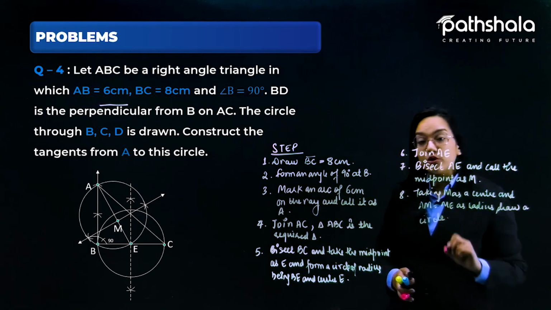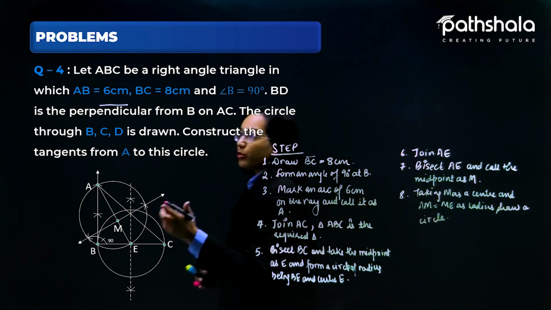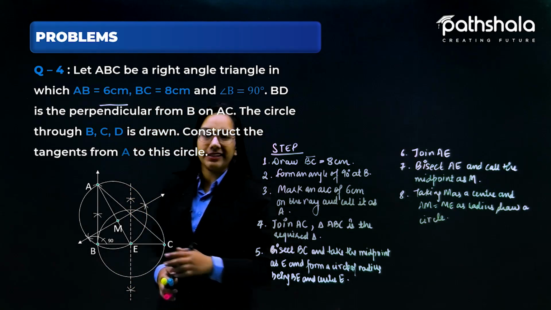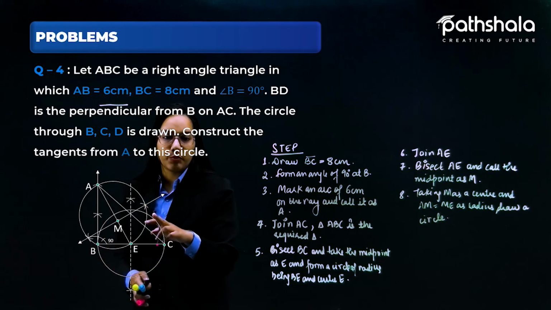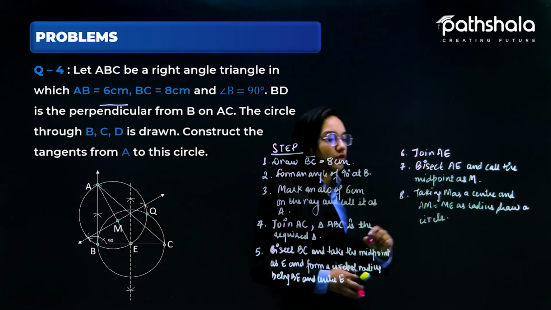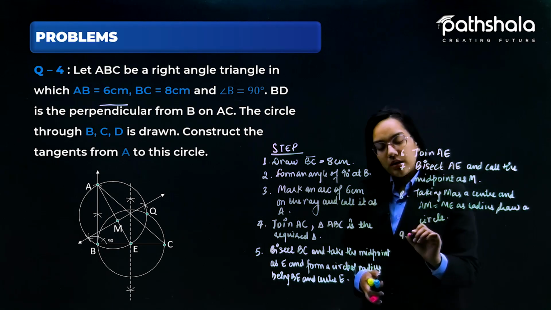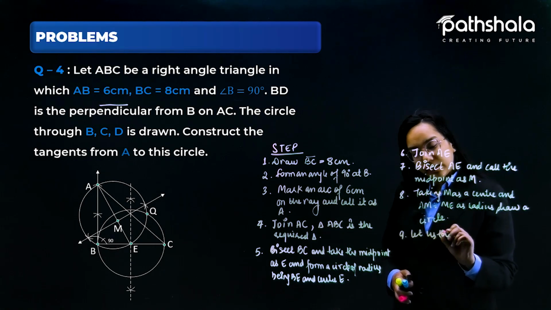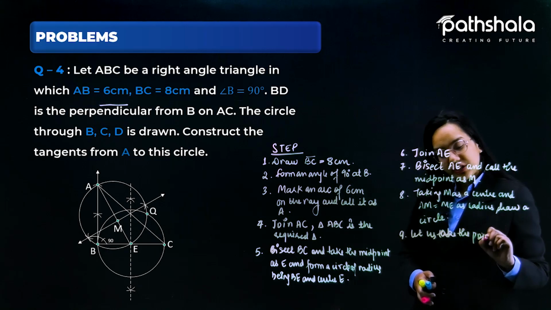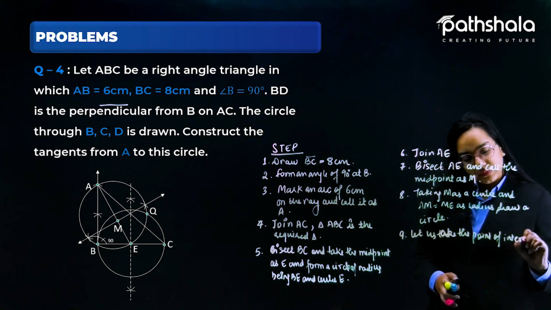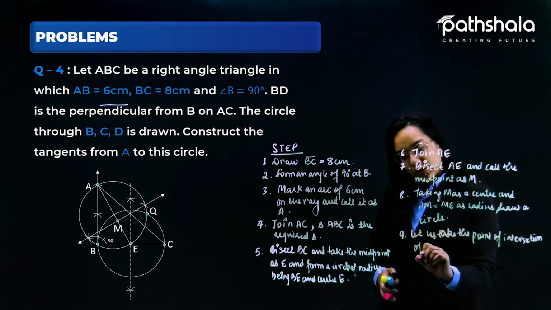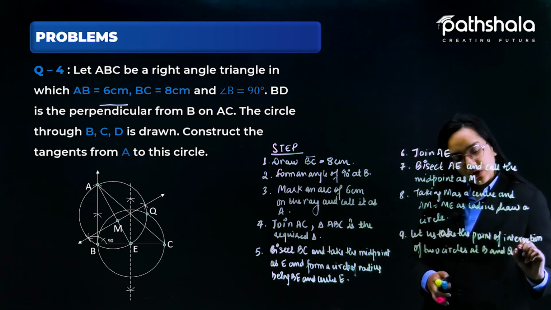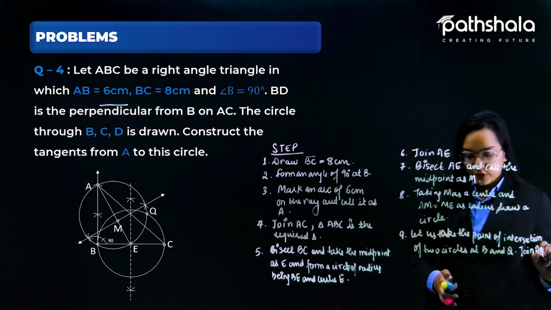Let us suppose I am drawing this circle. So this is my circle, and the further step would be: wherever this circle is intersecting the previous circle, let's call that point B and further this point Q. So the ninth step would be: take the points of intersection of the two circles as B and Q, and further join AQ.